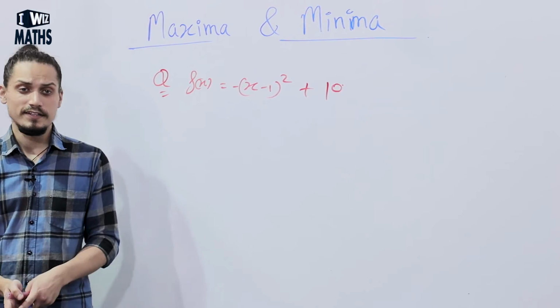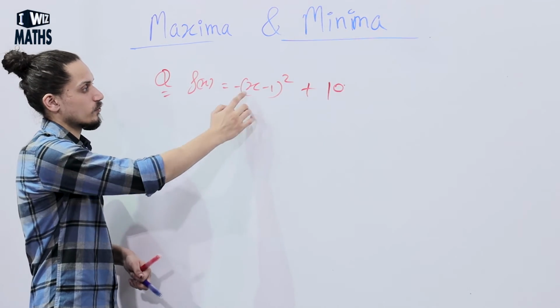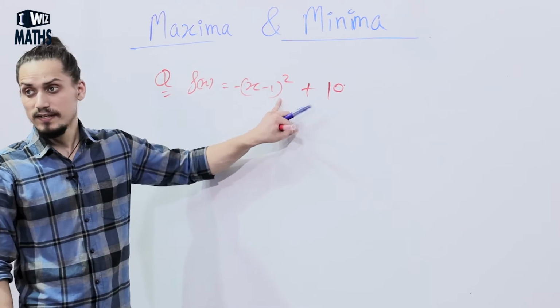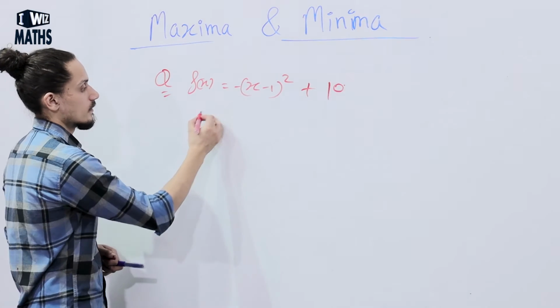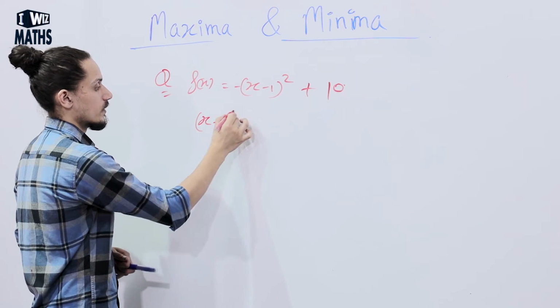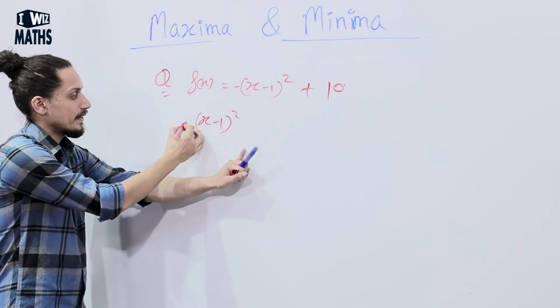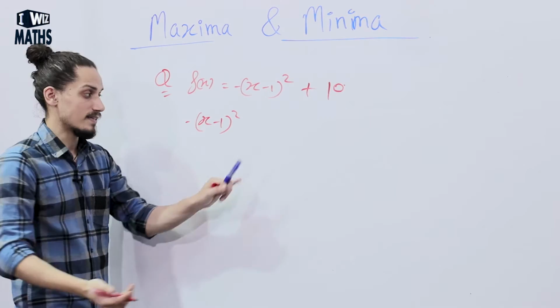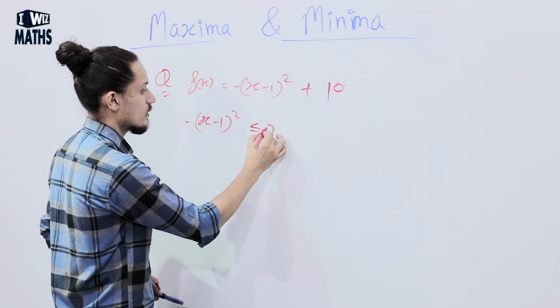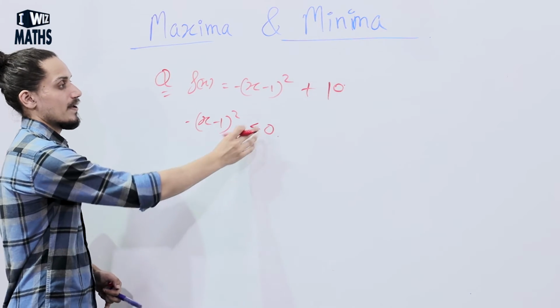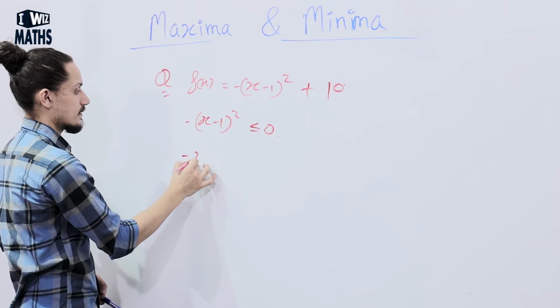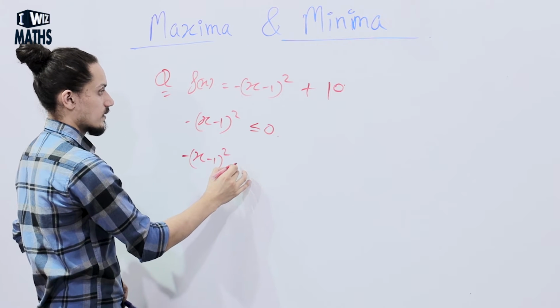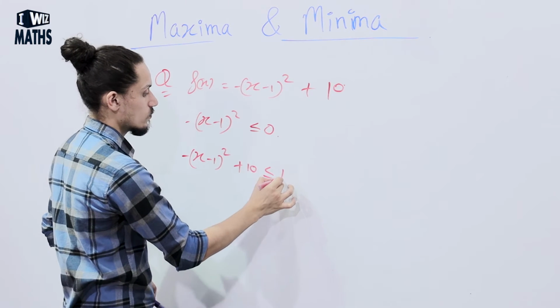Now let's look at another example. Say we have f of x is equal to minus (x minus 1) square plus 10. So we know (x minus 1) square is always non-negative, but the negative of this whole square will always be less than or equal to 0. Second point, if we add 10 on both sides, we get minus (x minus 1) square plus 10 is less than or equal to 10.